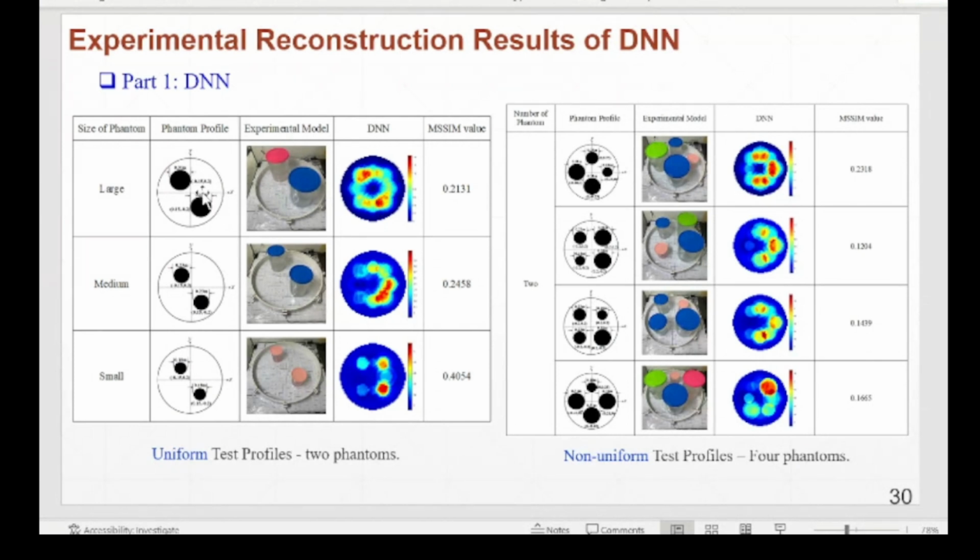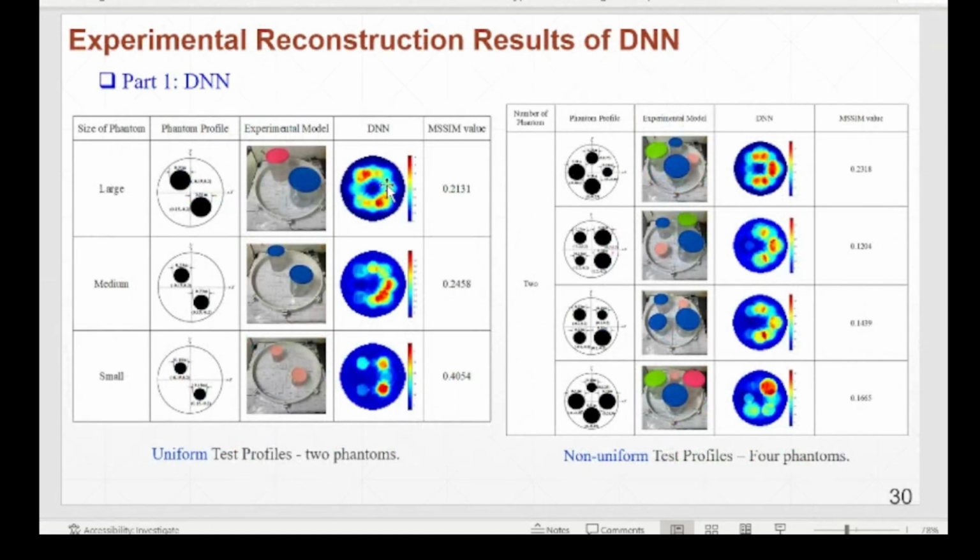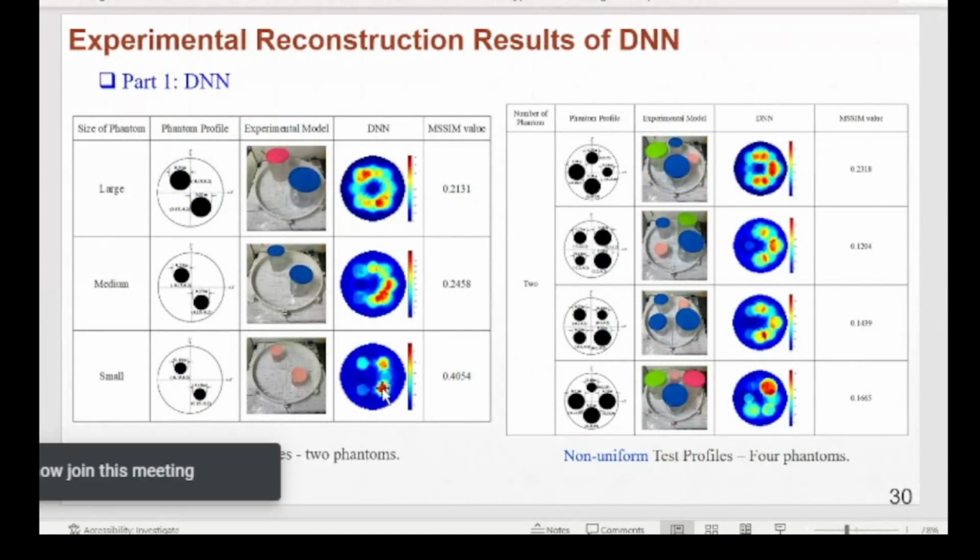This is poorly reconstructed. This is the DNN using experimental data. If you compare with the simulated data, the DNN's work is very interesting and looks sharp. But if we compare with the simulation, it does not look nice or does not replicate the phantom profile.